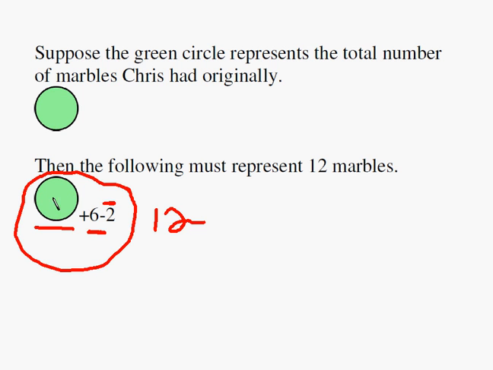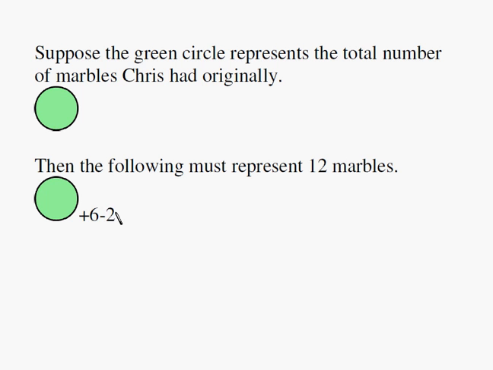Well, what should this be? What number plus 6 minus 2 is 12? Well, 6 minus 2 is 4. Let's erase this and do it one more way. Instead of this, I can scratch it off and write 4. Okay, so green circle plus 4 is 12.